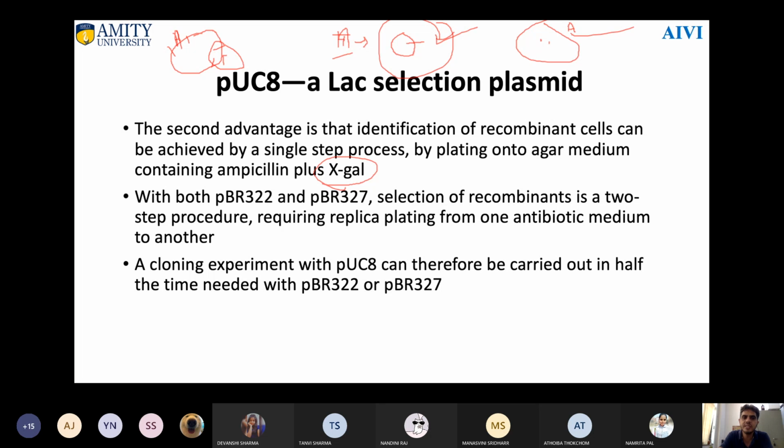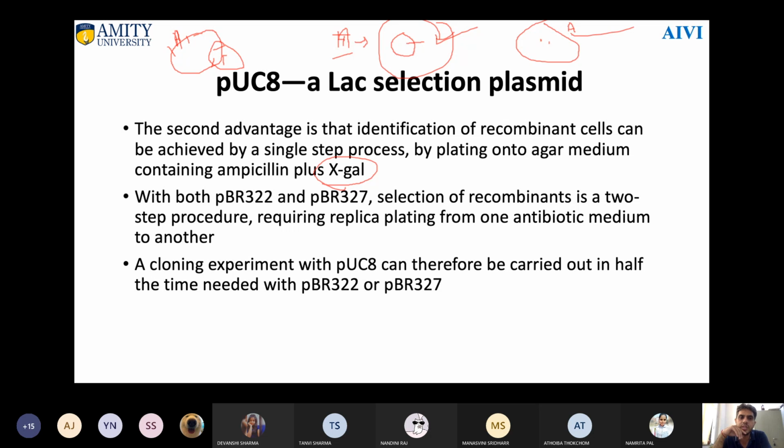But in this case, X-gal is not a negative selection; it is a positive selection. Negative selection means whatever is not surviving is your recombinant, and what is surviving is not. So it's called negative selection. Here we are going for positive selection.